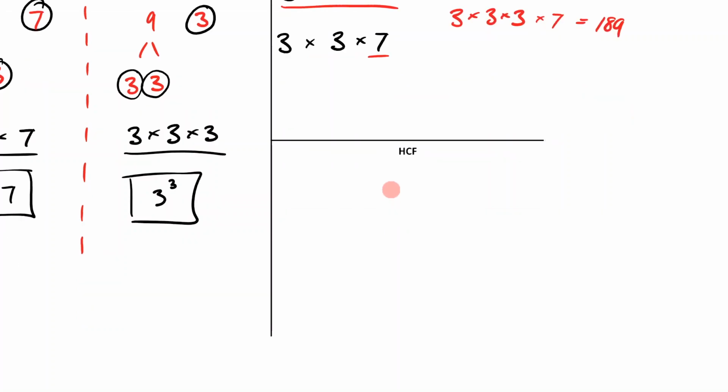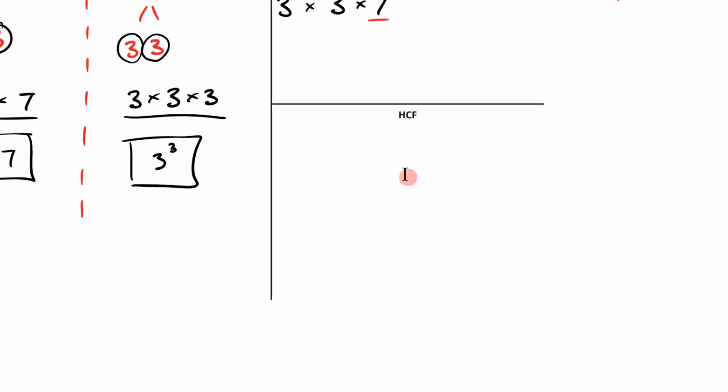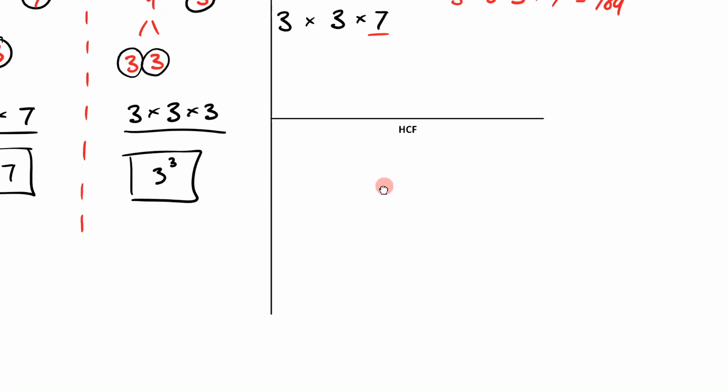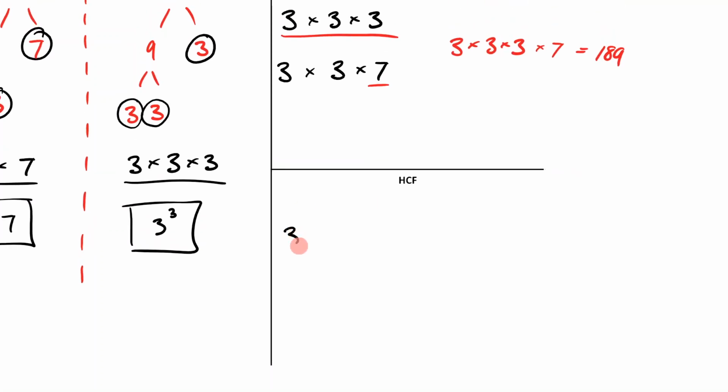Let's now go through HCF. For our HCF, I'm just going to write down this first, 3 times 3 times 3, then 3 times 3 times 7. Now what we do is we say, what do they have in common?